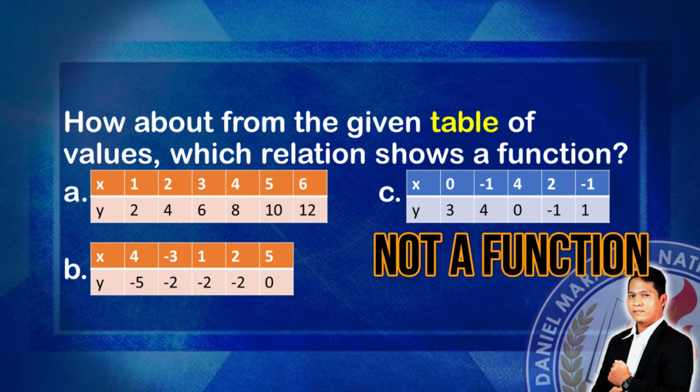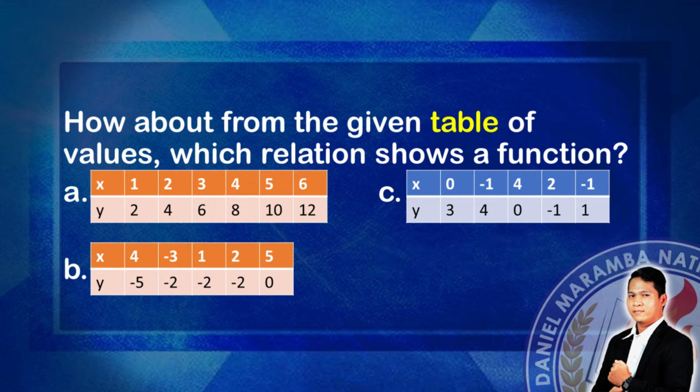Bakit? Tama kayo, walang naulit na value ng domain or nirepresent natin as the X value. Kaya walang naulit na X value doon sa data na nasa A. Ganon din sa data na nasa B. Walang naulit na value ng X doon sa given data.